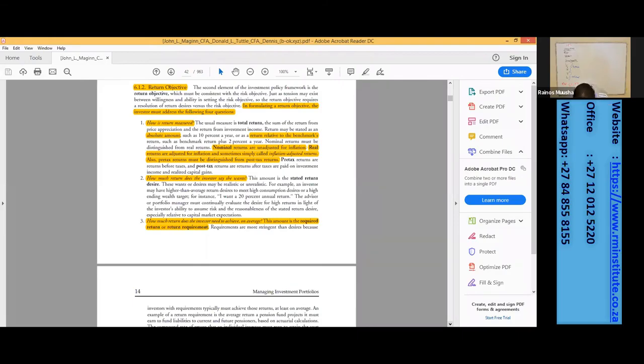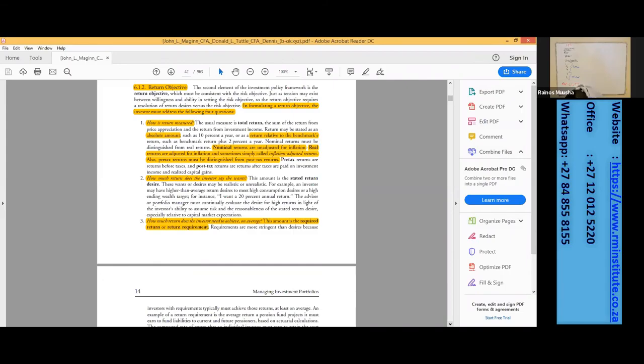Here they say the usual measure is total return, the sum of the return from price appreciation and the return from investment income. So return may be stated as an absolute amount such as 10% a year, or as a return relative to a benchmark's return such as the benchmark return plus 2%.